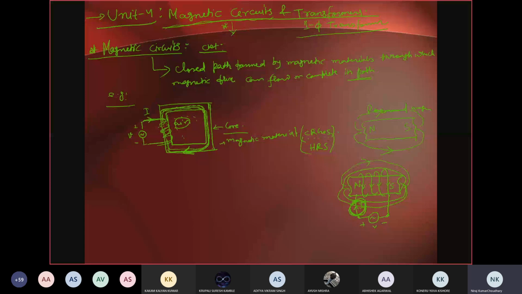Therefore, in order to understand the concept of an electromagnetic circuit, we will have to first of all discuss the analogous property.